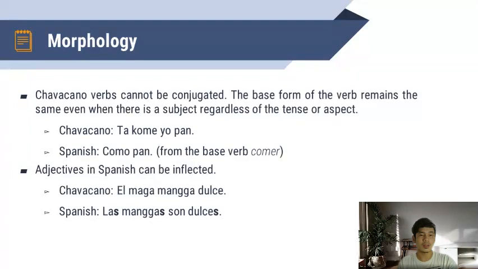So this is, again, one of the differences between Spanish and Chavacano.